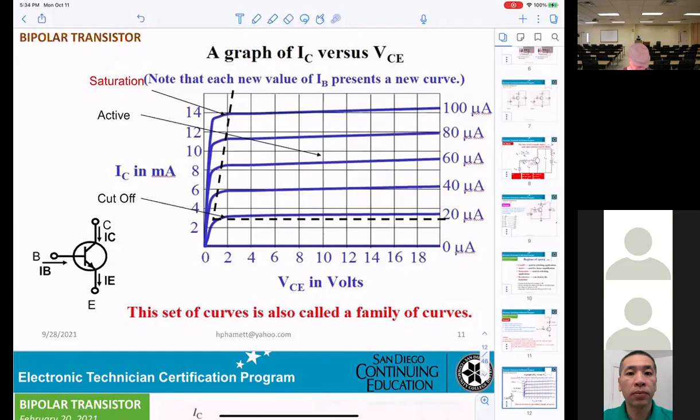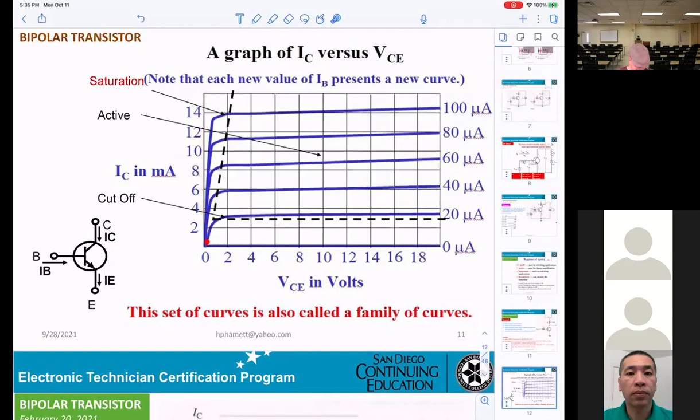When you're looking at this graph here, this stands for the current IB: IB equal 20 microamp, or 40, 60, 80, 100 microamp. And this horizontal axis is used for VCE, the voltage from collector to emitter.